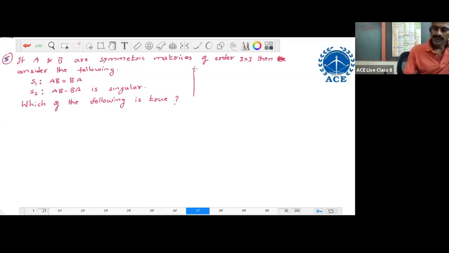Option A, S1 is true and S2 is false. Option B, S1 is false and S2 is true.